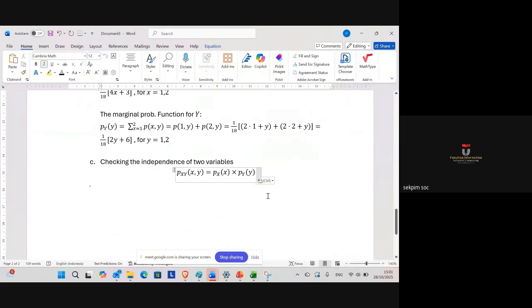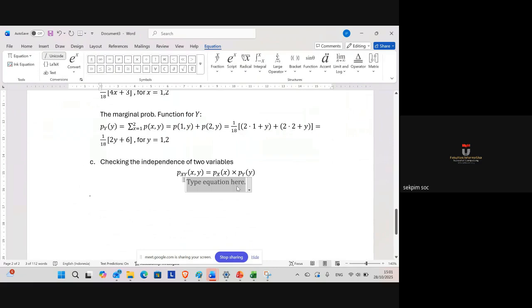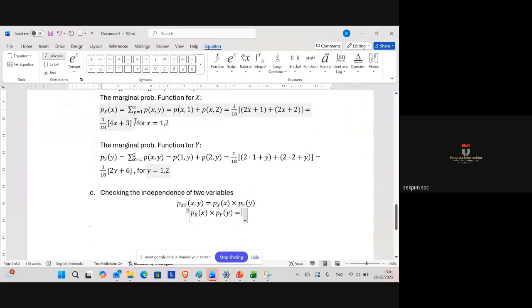For that, we verify from this: p_x, which is this one, times p_y, which is this one, for all combinations of x and y from 1 and 2.